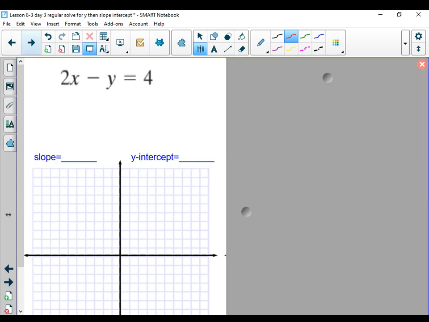Box 3. Oh, I wanted to change this one, because people always get thrown off if it just says y equals 4. They always have a little bit of panic, like, I don't know what to do.